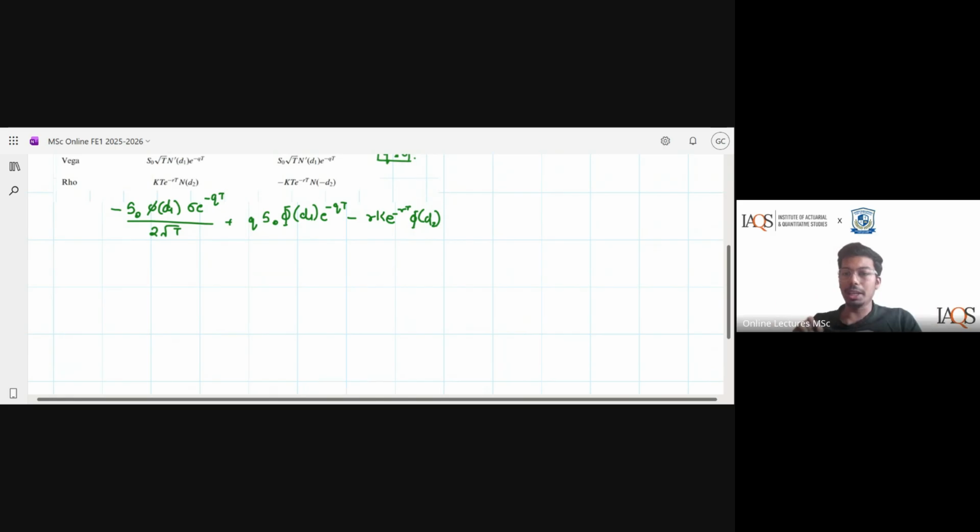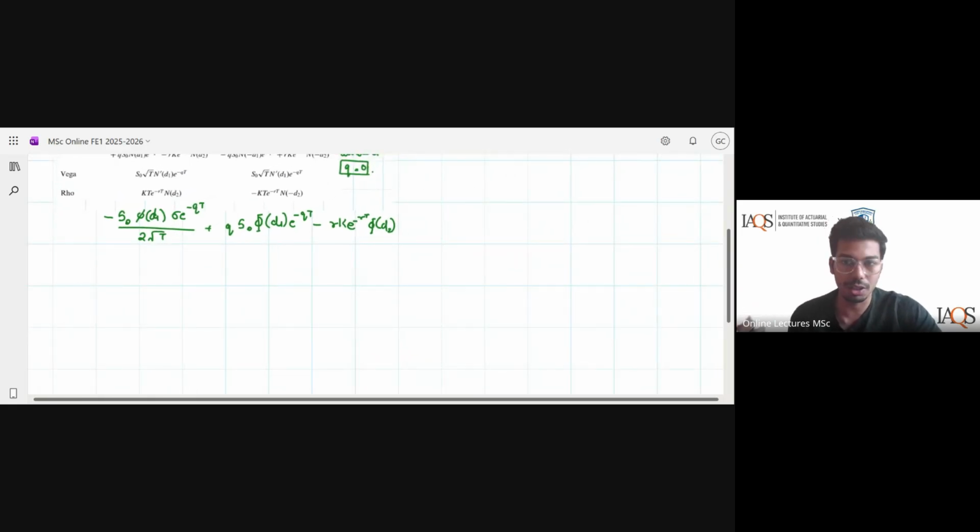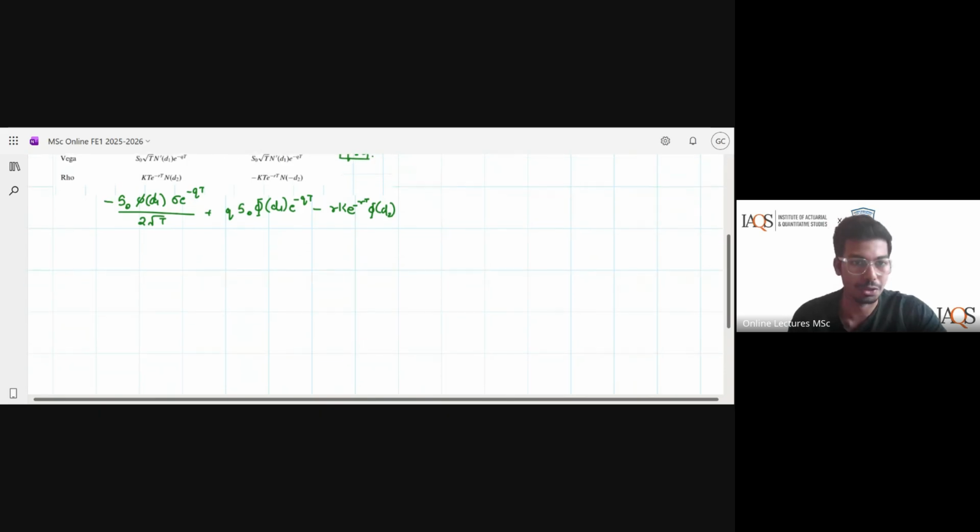Cool. So let me derive for one of the options that we have. We'll derive it for the Greeks. As I said, for all other derivations you have the PDF that I've just shared with you. In case you have doubts in any of the derivations, we can then discuss that separate derivation.